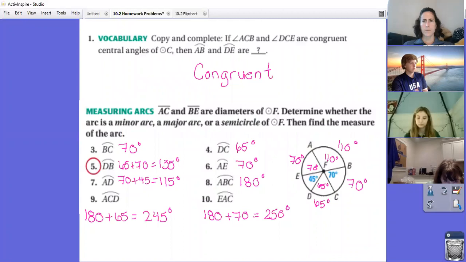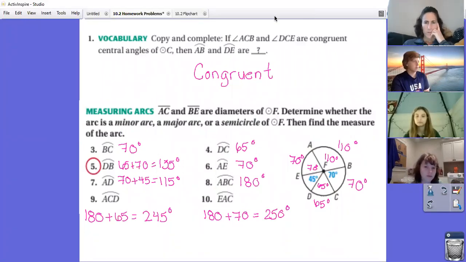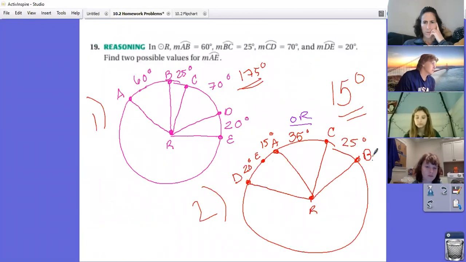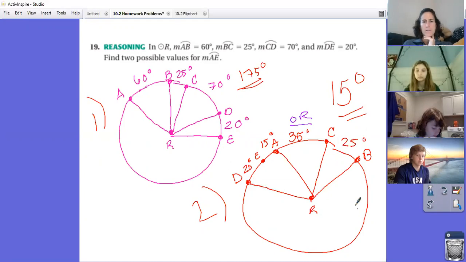Any other questions? All right, Alex, you have a question? So for 19, you drew it by subtracting the measures of the angles from 360, right? Yeah, because there's 360 degrees in the full circle, and so half the circle is 180.